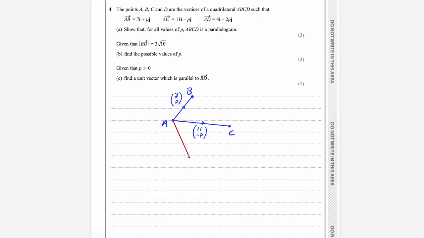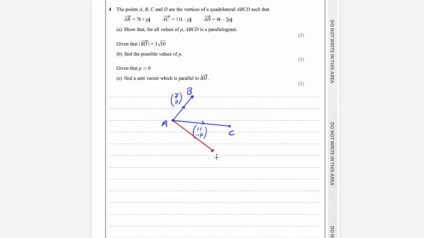Okay, so let's draw it, guys. I don't know, something like this here. This is A, C. Okay, I'm guessing that if it's a parallelogram, it's going to have to be something like this.